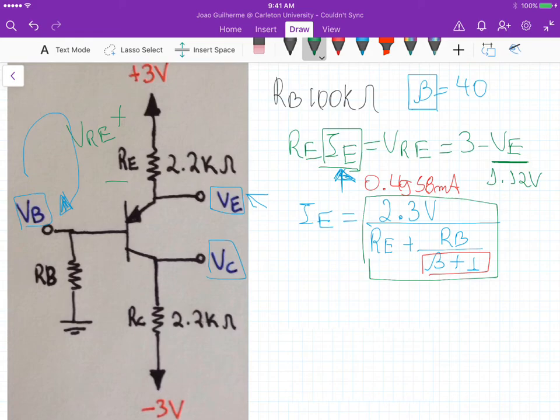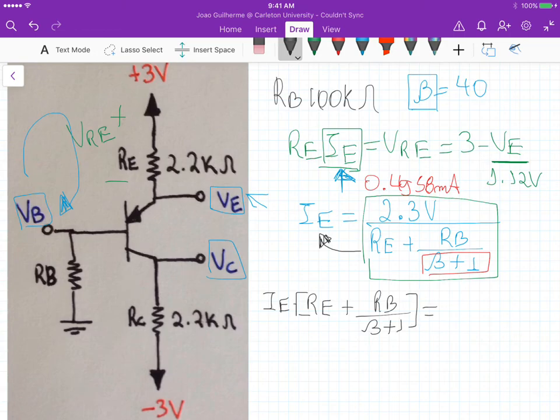So we can manipulate this, so let me do it here. IE times RE plus RB divided by beta plus 1 should be equal to that 2.3 volts. That 2.3 comes from this, because we are assuming active mode operation, so we know this 0.7 here and that 3, so 3 minus that 0.7 gives us those 2.3.